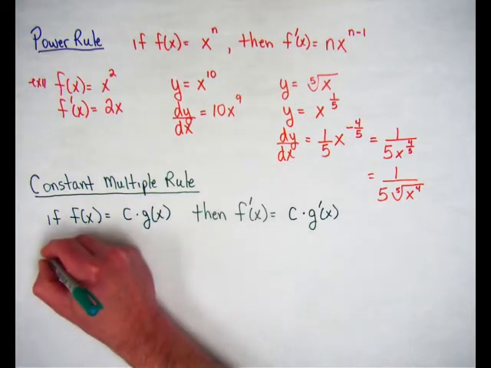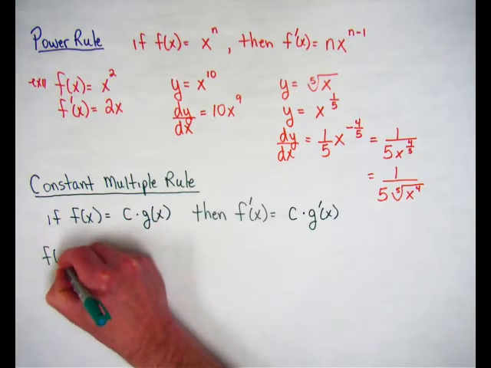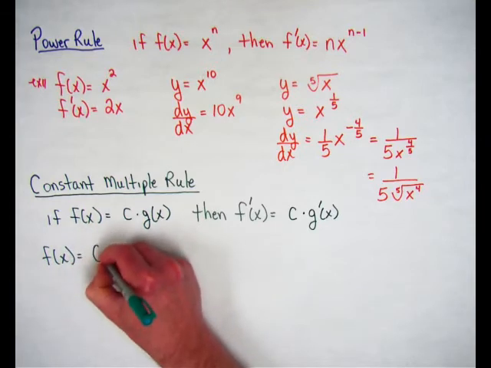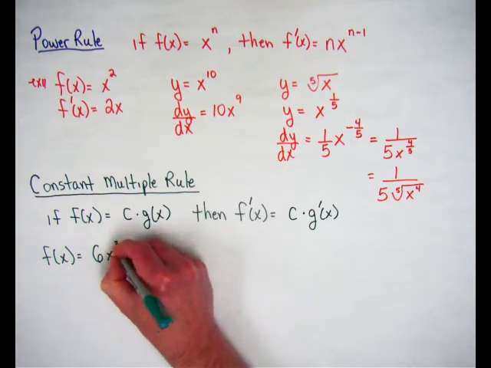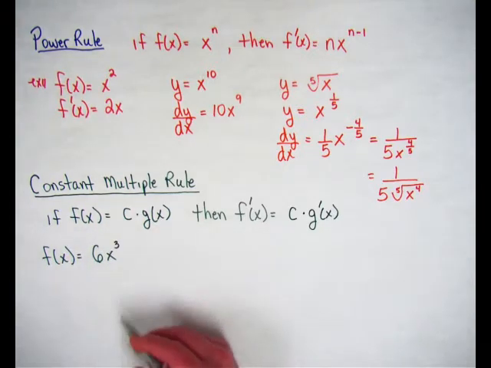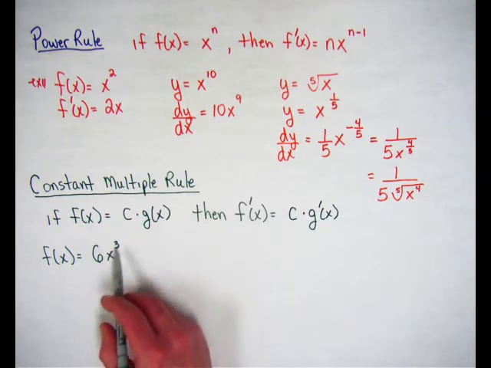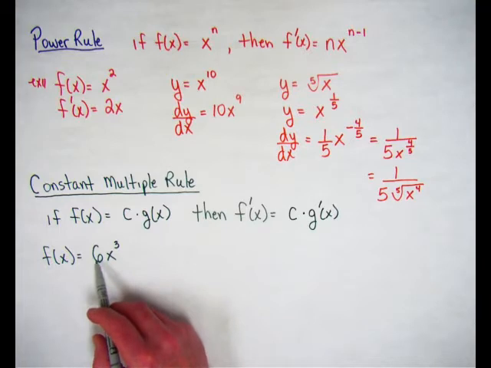So for example, if I gave you the function f of x equals 6x to the 3. So what we have here is obviously a power, but it's not just a straight power. It's a power being multiplied by some number 6, that 6 being a constant.